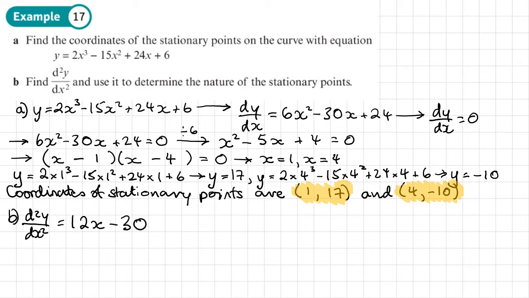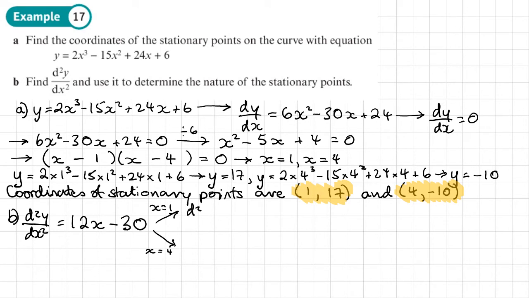So what we're going to do now is plug in x equals 1 into it, and then x equals 4 into it, and see what sign we get. Do we get a positive or a negative value? That will tell us whether it's a maximum or a minimum. So let's put 1 into this.